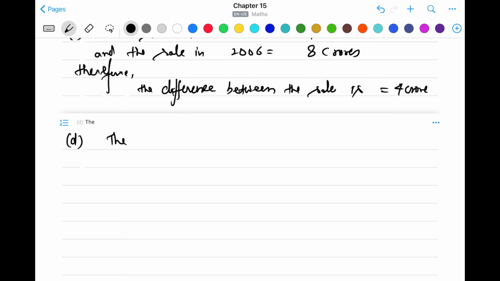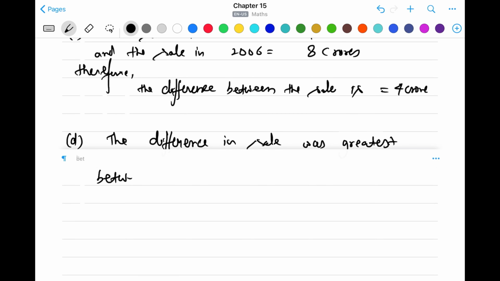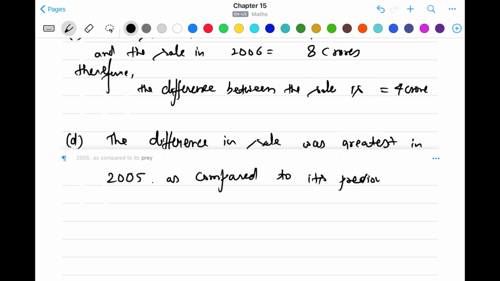The difference in sale was greatest in 2005 as compared to its previous year 2004.